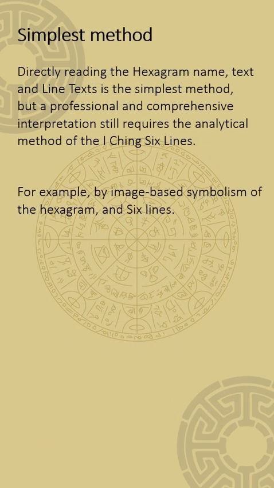Simplest method. Directly reading the hexagram name, text, and line texts is the simplest method. But a professional and comprehensive interpretation still requires the analytical method of the I Ching 6 Lines, for example, by image-based symbolism of the hexagram, and 6 Lines.